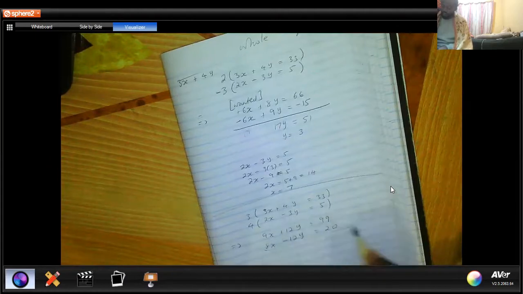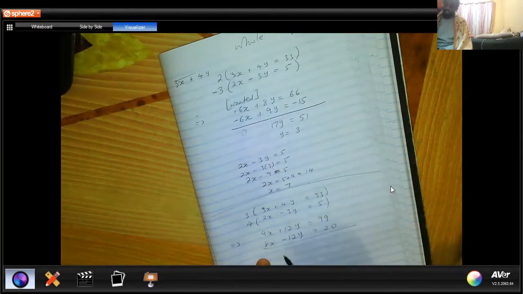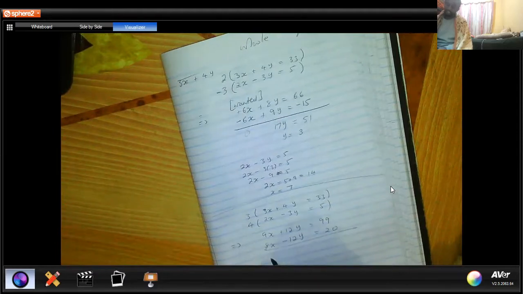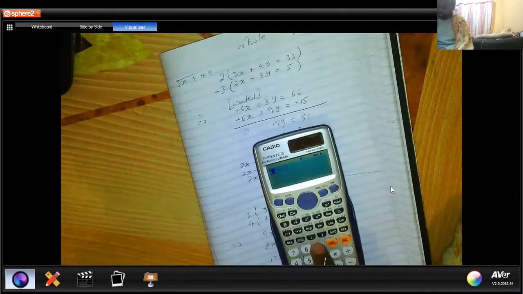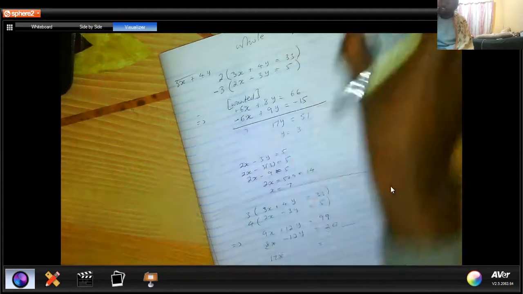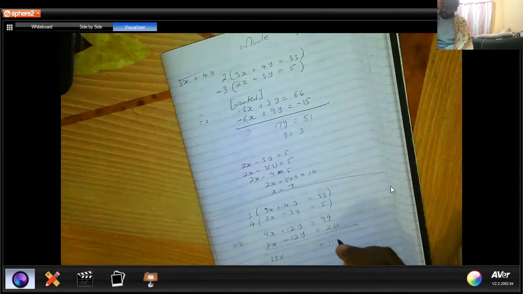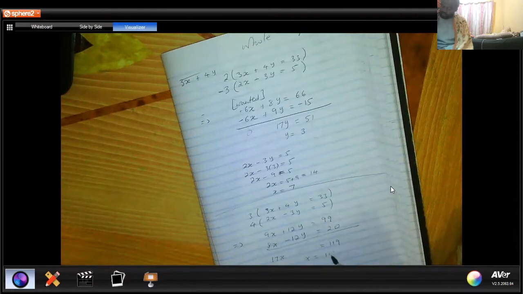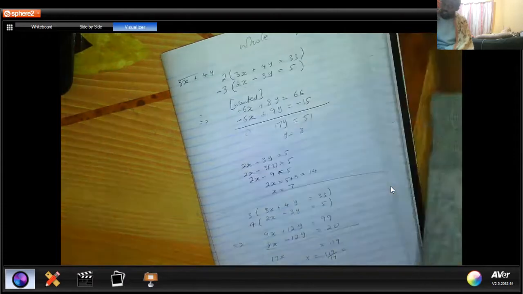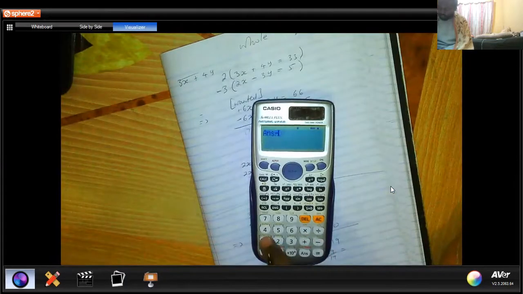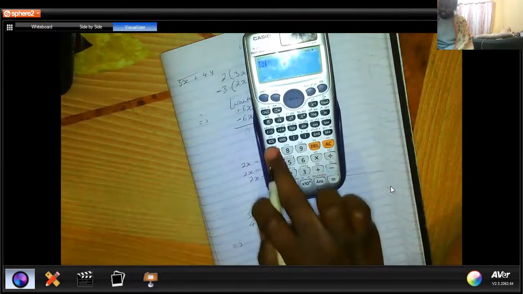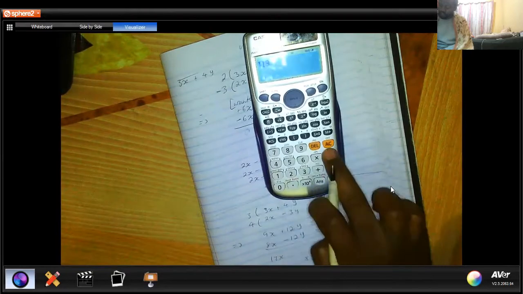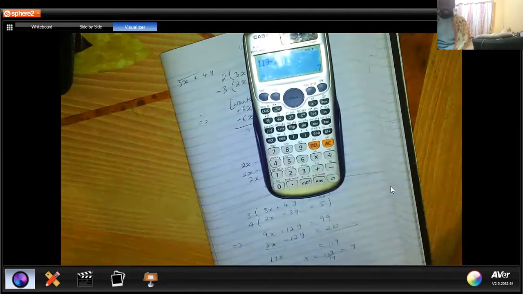So when you add these two values, what do we have? 9 plus 8, 17, equal to 99 plus 20, which is 119. Let us see if it gives us the same value. It gives us 7. Go figure. 119 divided by 17 gives us 7.